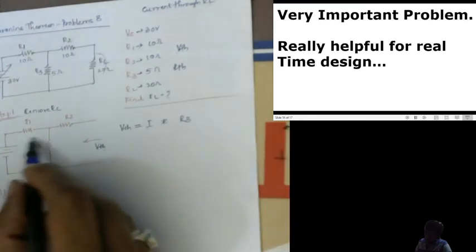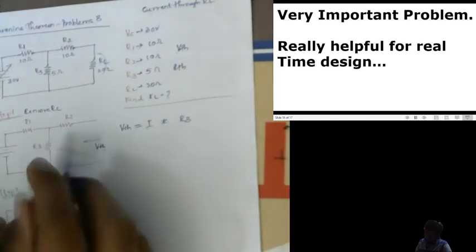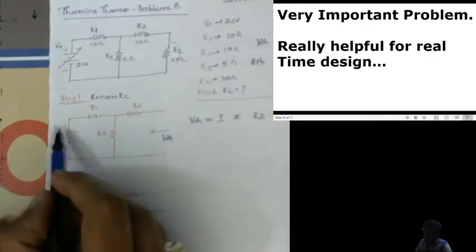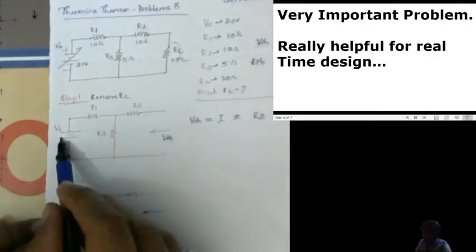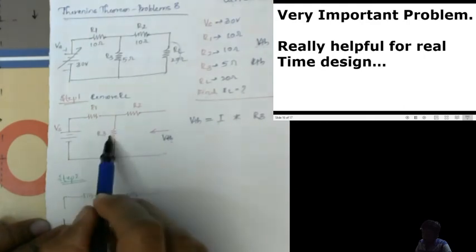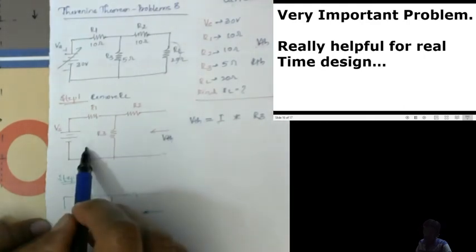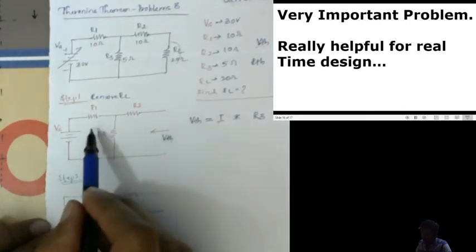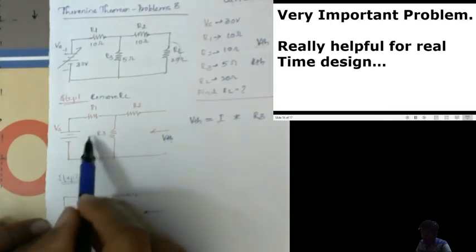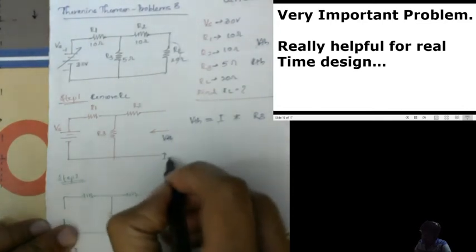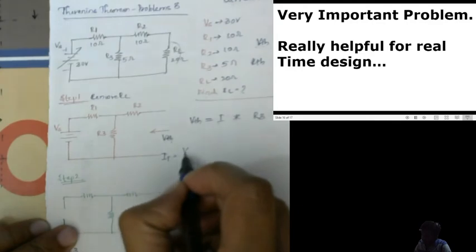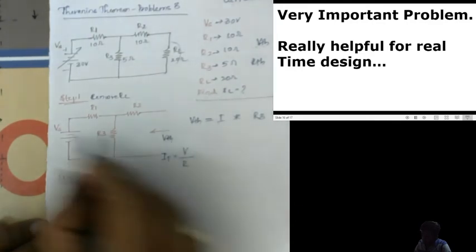You need to find out the current, but the value is not given. Here the voltage Vs value is given, the resistor values are given, but the current value is not given. Therefore you need to find the total current separately. So IT is equal to V over R. What is the V value?